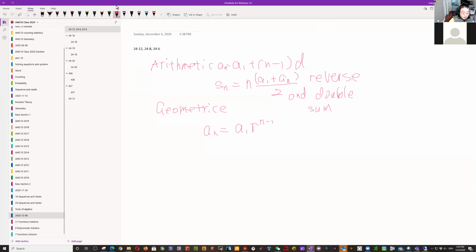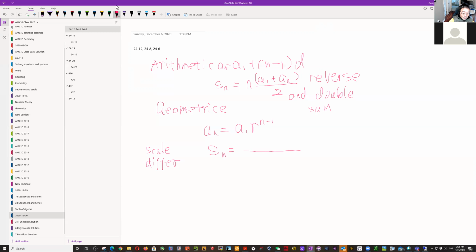For the geometric series, there's a finite sum and an infinite sum. For the finite sum, we use scale and difference. Because you scale, the next term is r multiplied by the previous one, and if you sum it up, you have to scale them up.